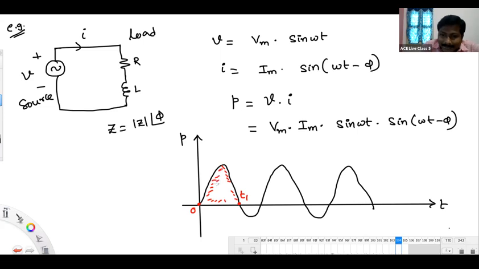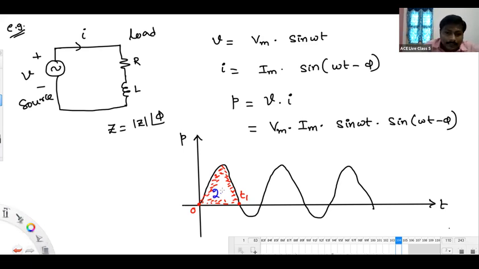What is the area under this curve? Can anybody tell me the name for this area under the curve? Energy. That's simply called energy. I will give some number for this energy.